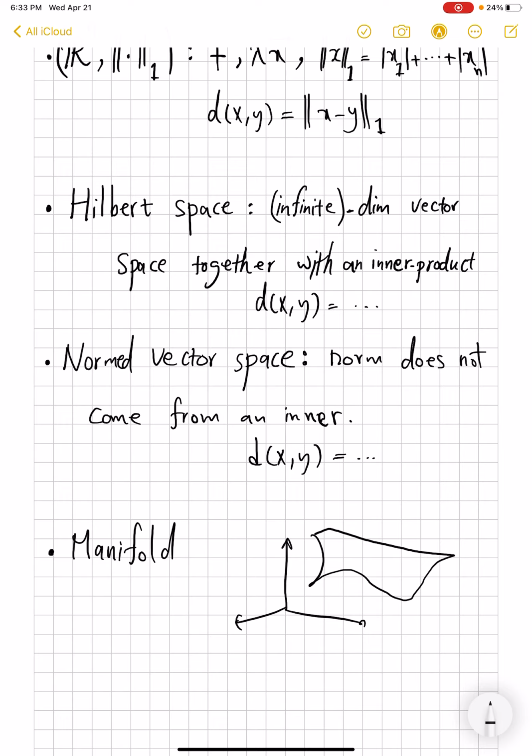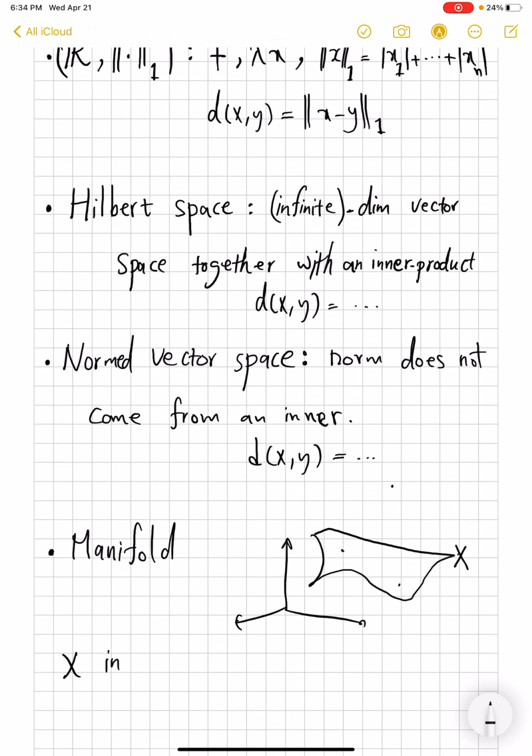Then it's not a vector space because, for instance, if you are at this x and you scale it, you leave the manifold. So twice x will be somewhere outside of X, which you don't see. Or there's no notion of adding x to y within X. You can consider them as points in R3 and add, but it has nothing to do with the space X you start with.